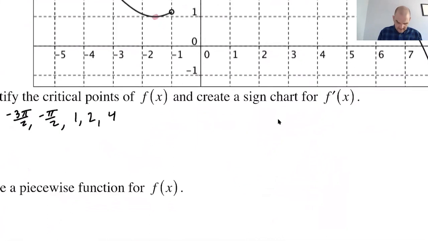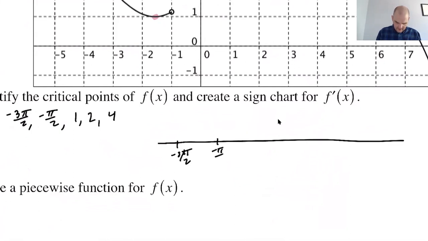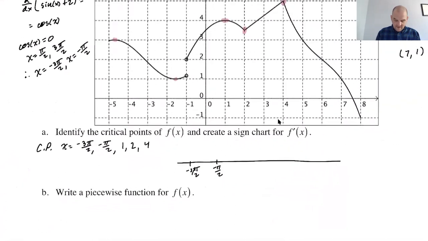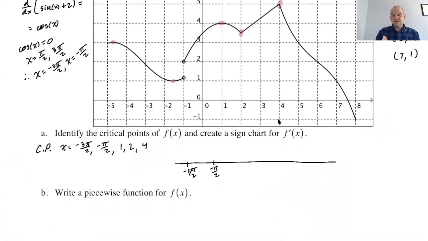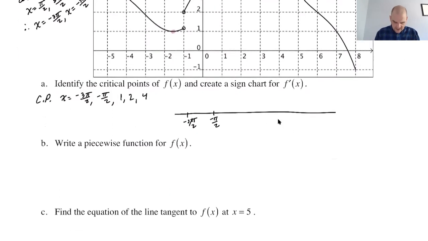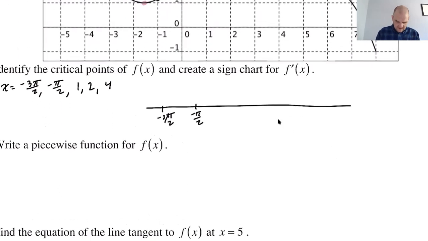So really, our sign chart: negative 3 pi over 2, negative pi over 2, and -1 is going on our sign chart because things can happen there. They don't in this case, but things could have happened. You could change increasing, decreasing, decreasing, increasing.